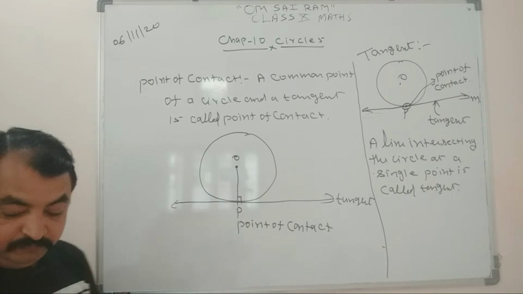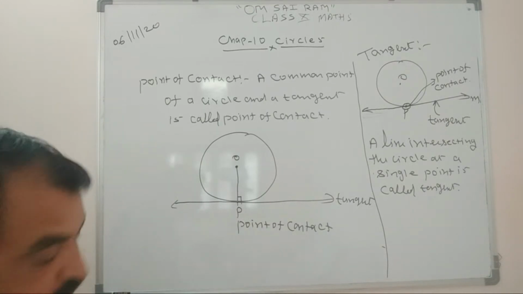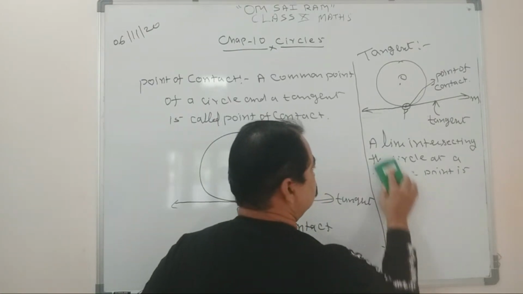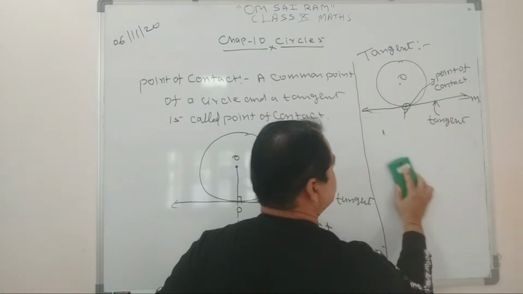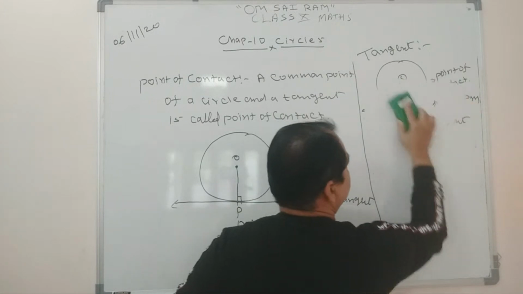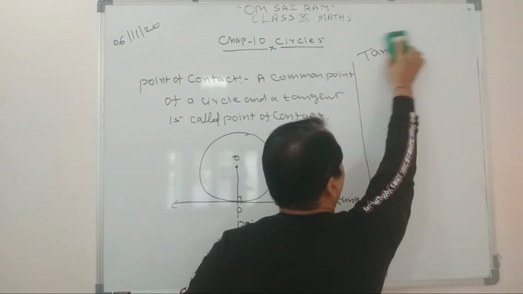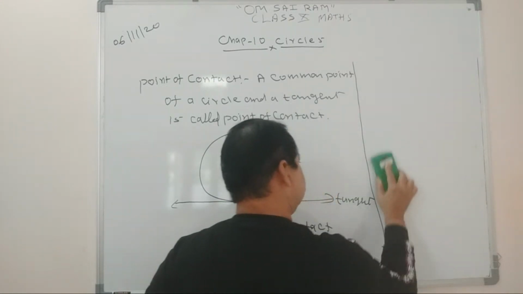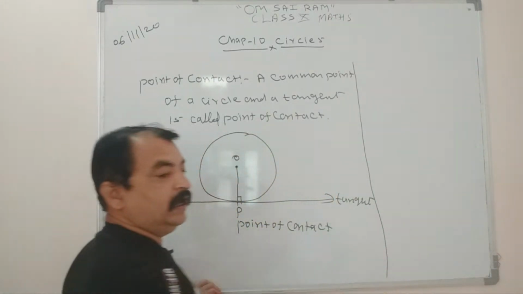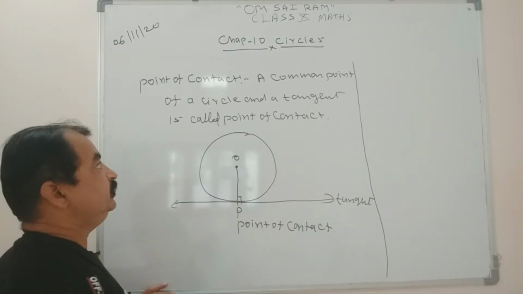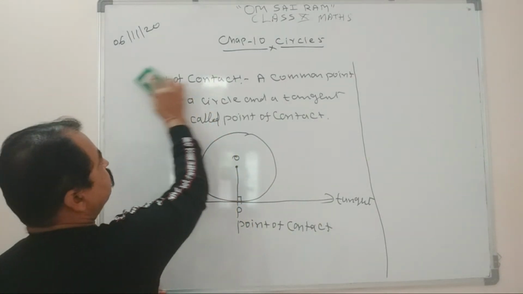So now we work on the tangent radius theorem. Okay. Last year they asked only two theorems we have here, children. One theorem is theorem 10.1, that is the tangent radius theorem, and another theorem is that tangents from an exterior point to the circle are equal, that is theorem 10.2, children. Right.